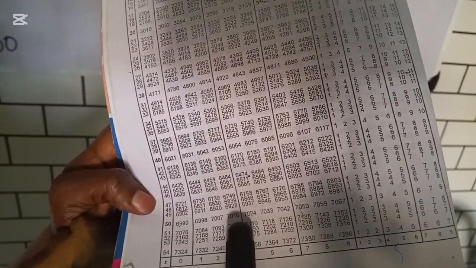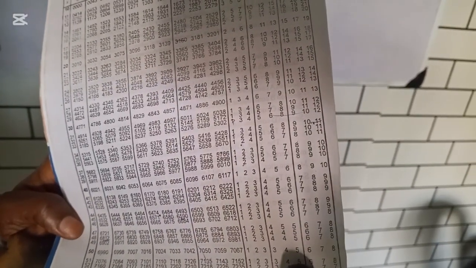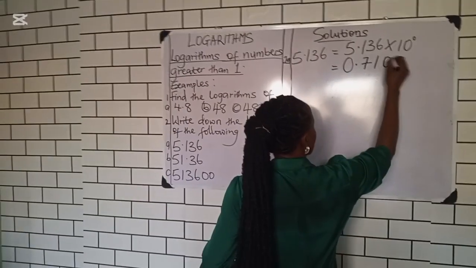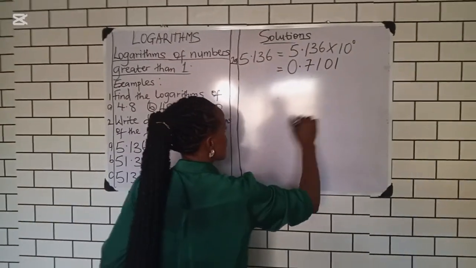Now, 51 under 3 here is 7101. The difference of 6 here is 5.